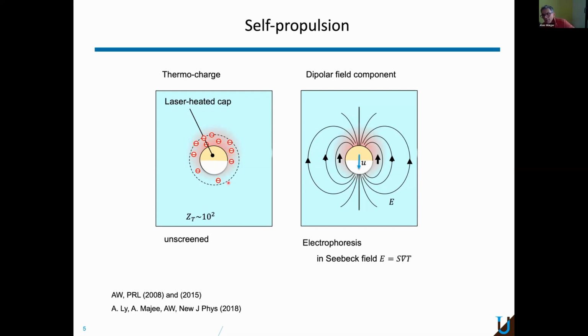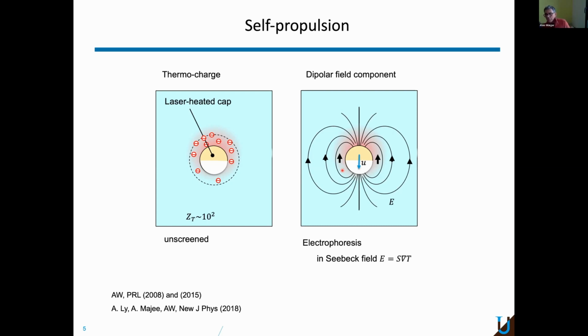Now you accumulate here some surface charge, which is of the order of a few hundreds of elementary charges. And because it's hotter here than on the cold side, on the silica side, that means you have a dipolar moment. This dipolar moment induces an electric field, a dipolar field. And this field along the particle creates electrophoretic motion. This is something which has been observed in various situations. And so you have a particle which is now moving.